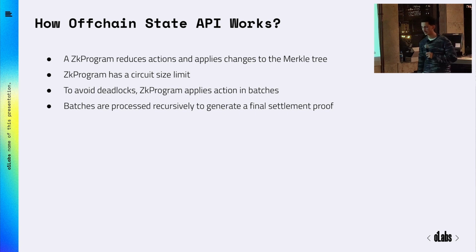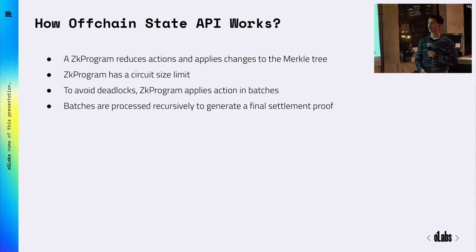And we may have a problem there, because if a certain amount of actions are dispatched that could overflow the circuit size, the ZK program wouldn't be able to settle and apply all actions. Then basically the off-chain state will deadlock, and that's not something we want.